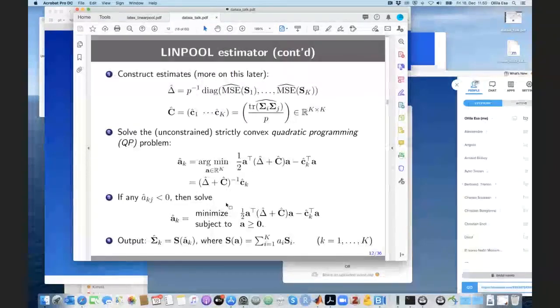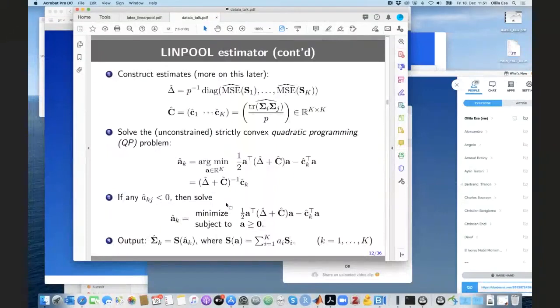So the LINPOOL estimator that we look at is the following. We construct the estimates of these parameter matrices, Delta and C, and then we first solve the unconstrained problem, because it has an analytical solution.